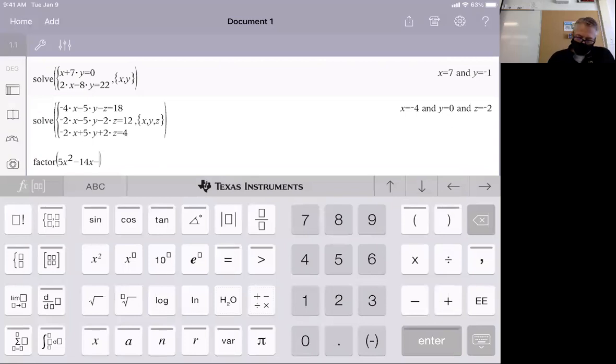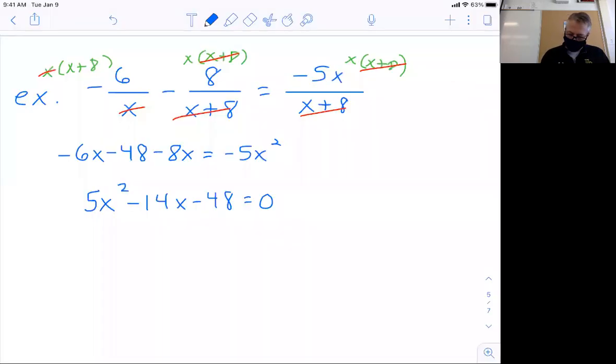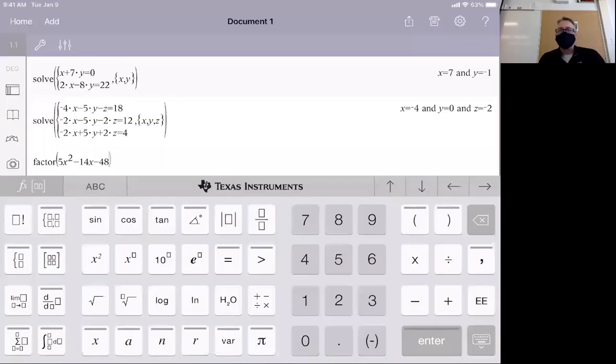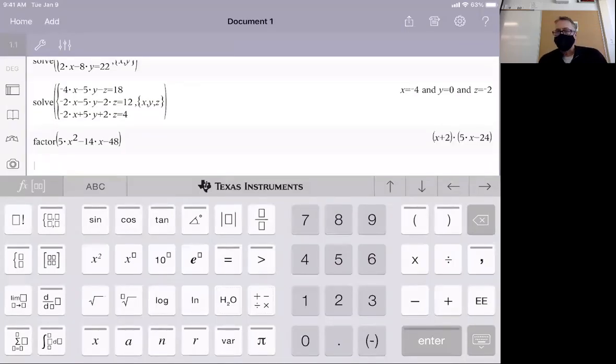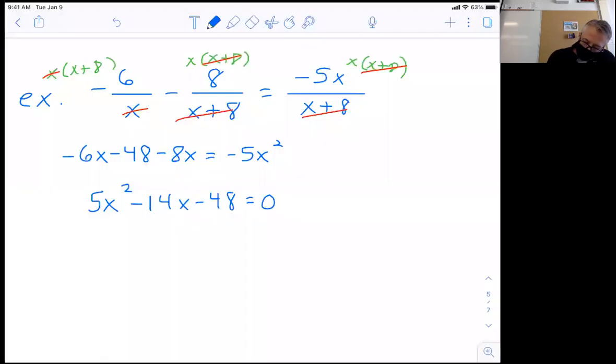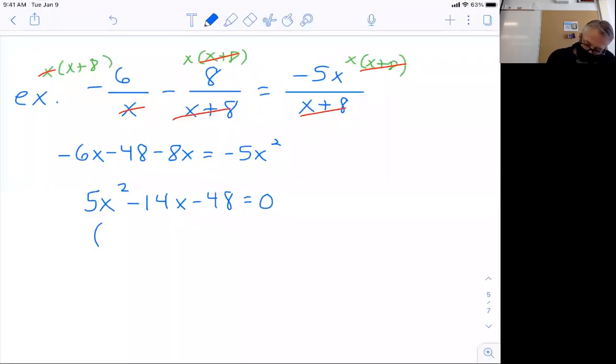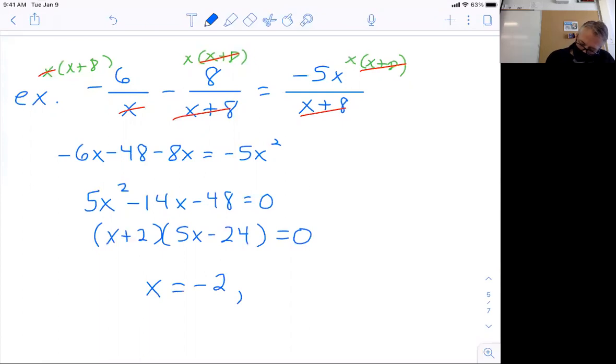I think that's right, right? Yeah. Oh, look at that. Isn't that beautiful? x plus 2 times 5x minus 24. So that factors into x plus 2 times 5x minus 24. And so x comes out to be negative 2 or 24 over 5.